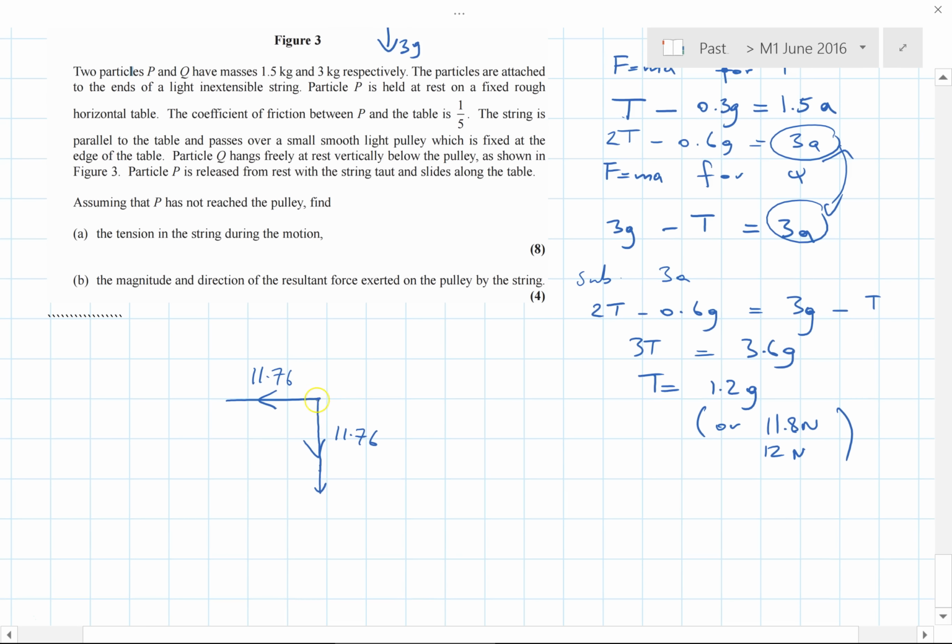So we want the magnitude of the resultant force going in this direction, the combination of these two. And it also wants the direction, and the direction is obvious, it's 45 degrees below the horizontal, because we can see the kind of triangle we have here.